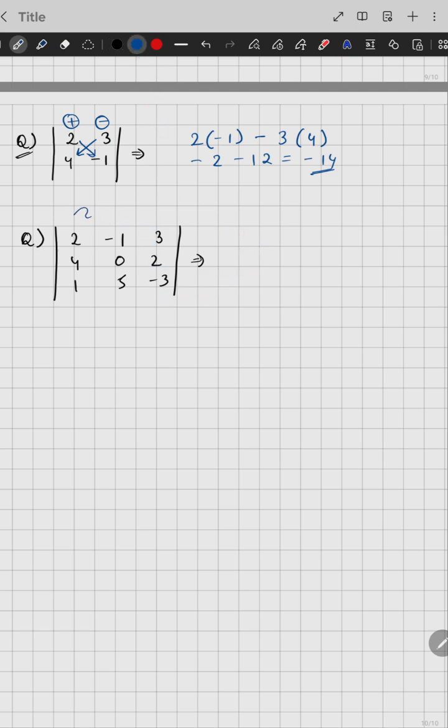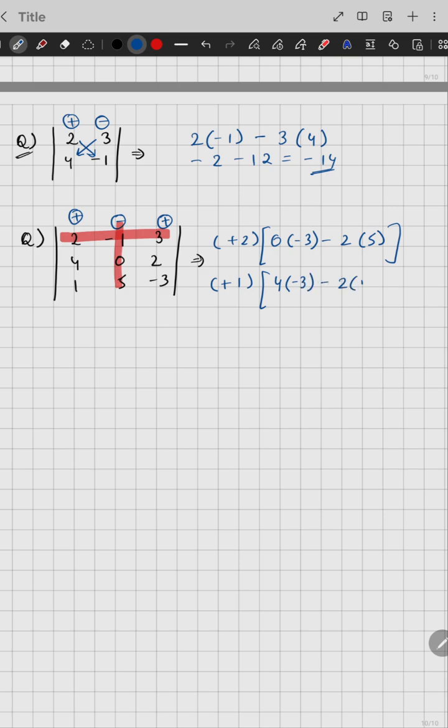This will be equal to plus minus plus, that is plus 2 into 0 into minus 3 minus 2 into 5, then minus 1, and we are going to forget this one, that is 4 into minus 3 minus 2 into 1.